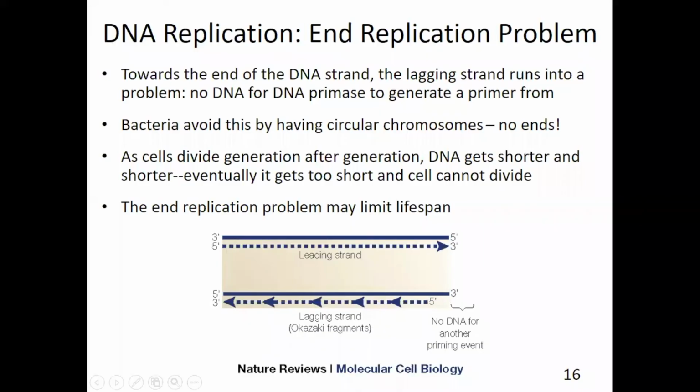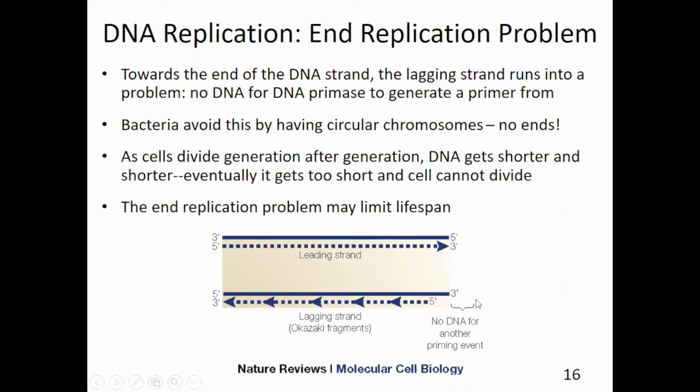This method of using the parental strands as template strands and synthesizing the new strands, the leading and the lagging strands, works very well until you get to the very end of the chromosomes. The leading strand functions just fine, but the issue is with the lagging strand.